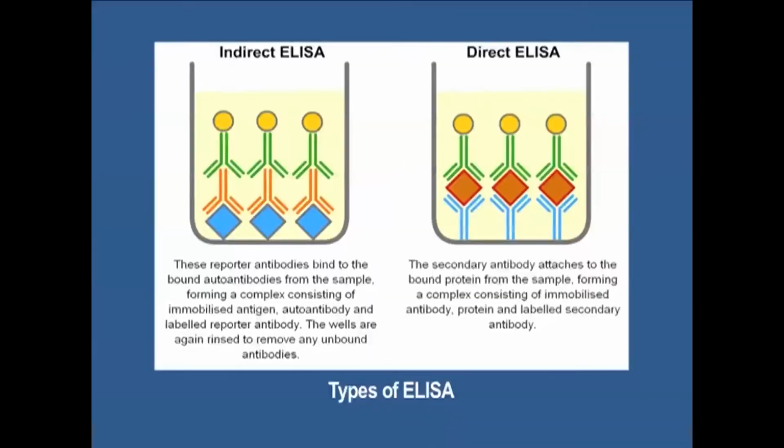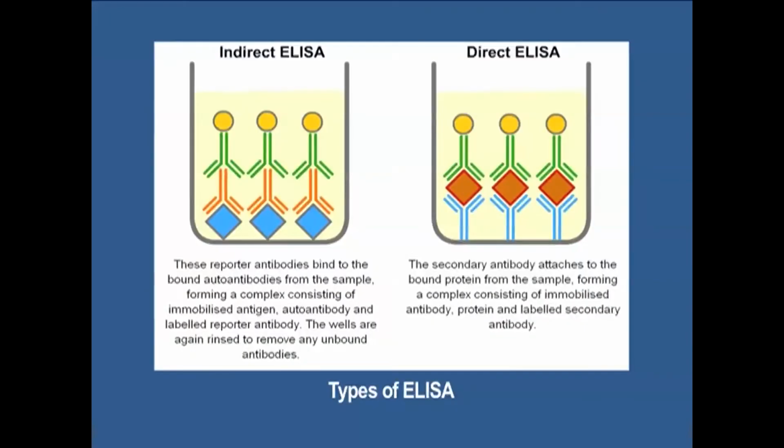Here you are immobilizing the particular antibody to which the antigen is binding, and then the secondary antibody will bind with the other side of this protein or antigen, and it carries a colored substance that will develop the color. So here what will you detect? You will detect the presence of this antigen. So it is called direct ELISA.